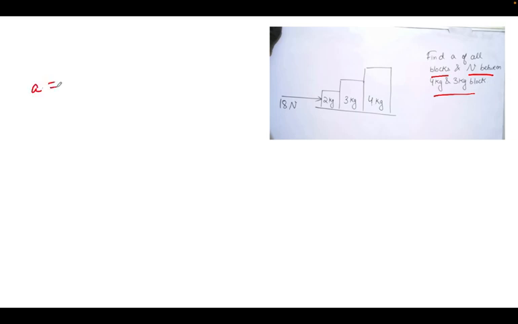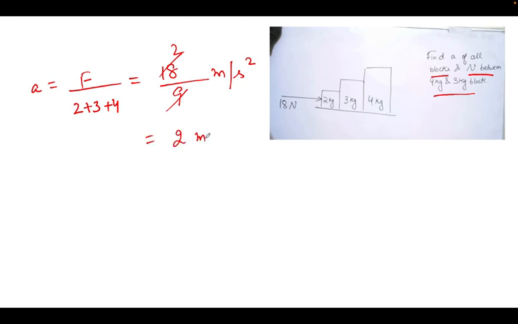The formula of acceleration is force over the sum of all the masses, that is 2 plus 3 plus 4. 4 plus 3 is 7, plus 2 is 9. The applied force is 18 Newton, so 18 over 9, and the acceleration comes out to be 2 meter per second square.